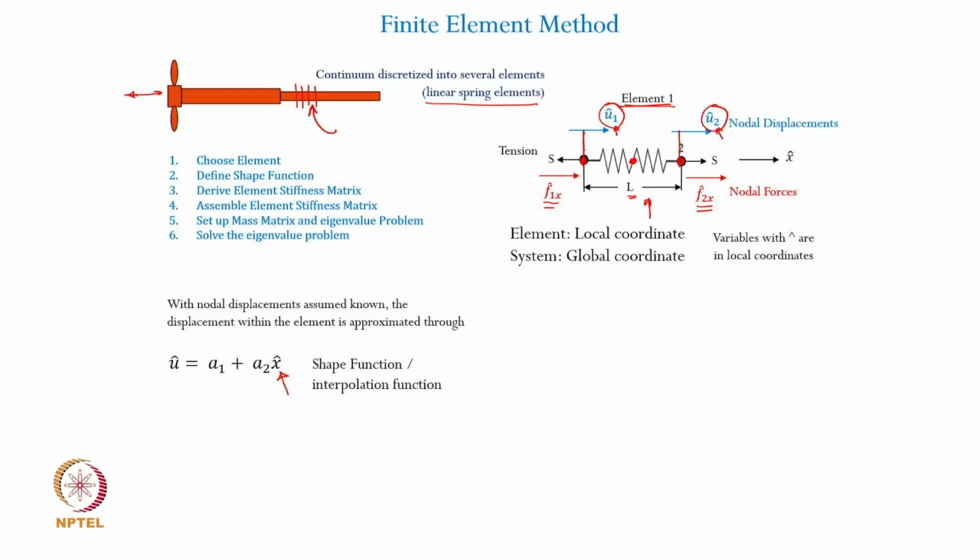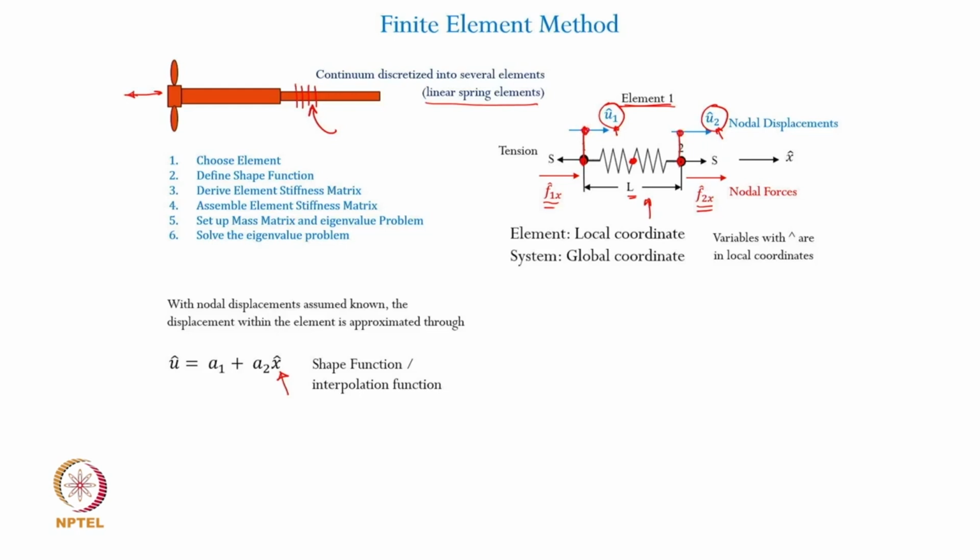A1 and A2 are arbitrary constants, and if I use the end conditions, I can get A1 and A2 completely defined, provided I know the value of these nodal displacements at the two node locations.